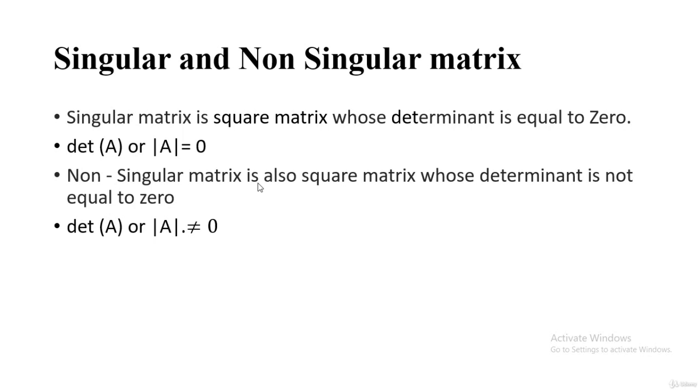So we always work on non-singular matrices, which are those whose determinant is not equal to 0. We need to avoid the 0 situation in determinants while we are solving a system of linear equations, or when we are taking an inverse.